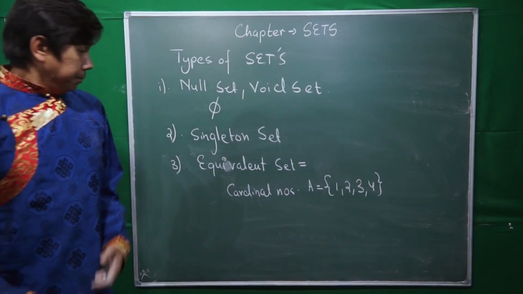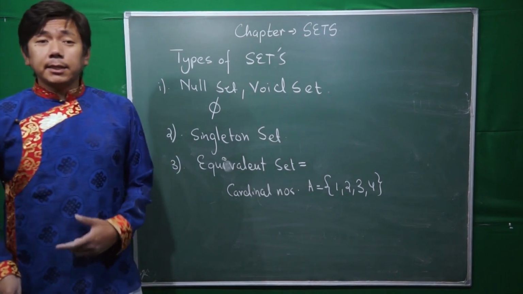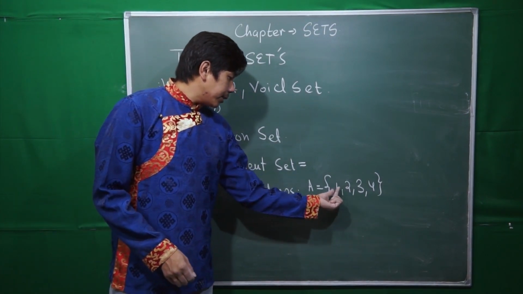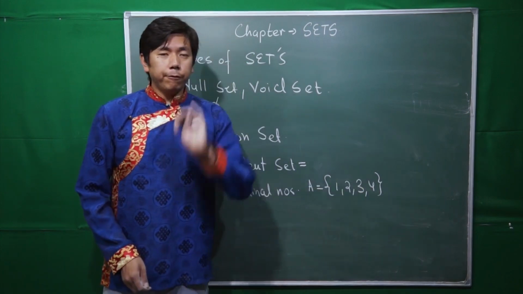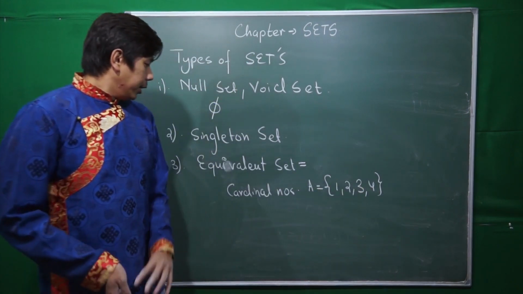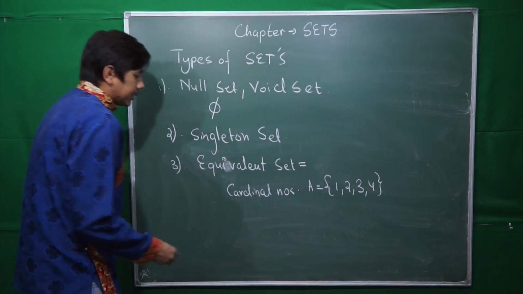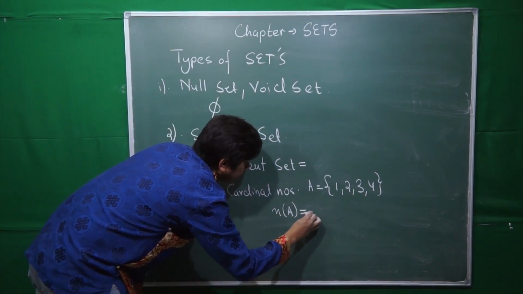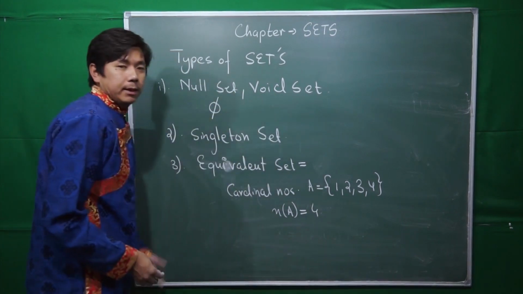Now, what is the count of the elements in the set A? We have 1, 2, 3, 4, total 4 elements. That means the cardinal number of set A is equal to 4.